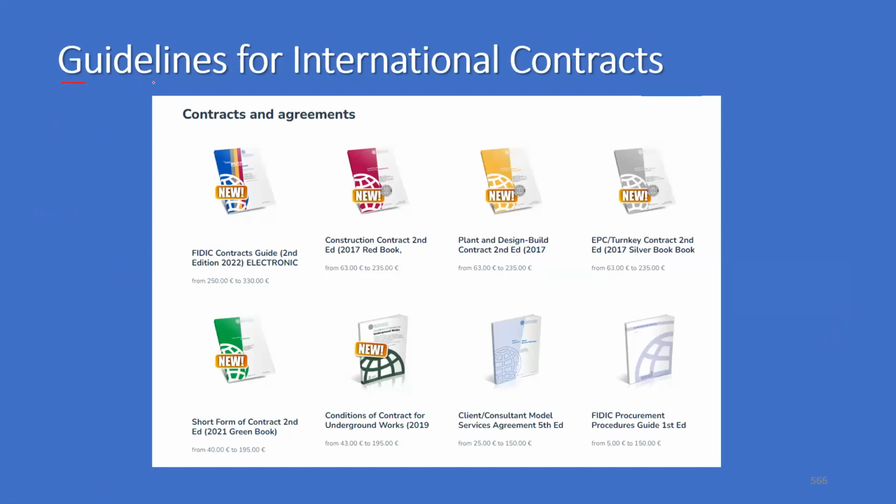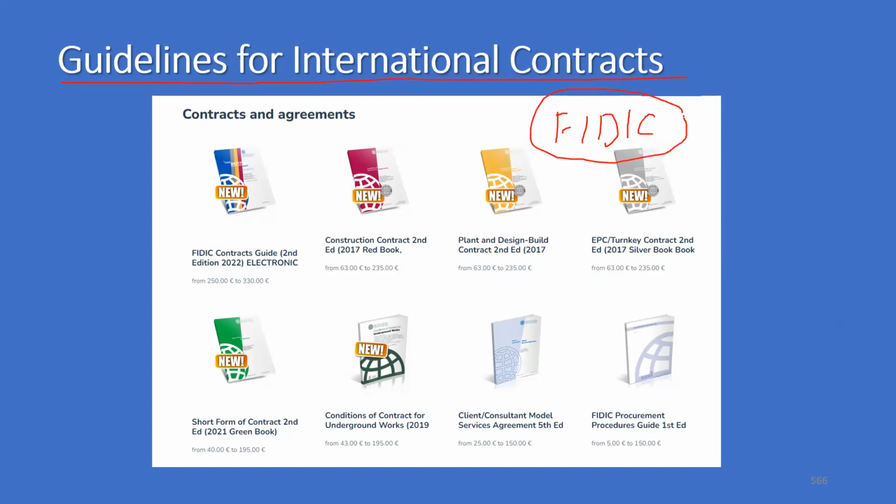Now, when we deal with international contracts, there are standard contract guidelines available. There are various agencies providing these international contract guidelines and templates. These templates, the screenshot I took from FIDIC, that is an agency well known in international contracts.